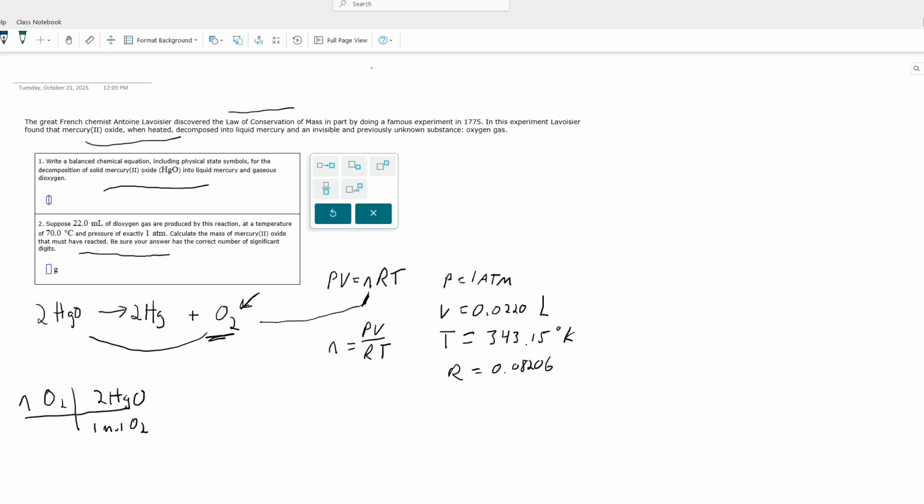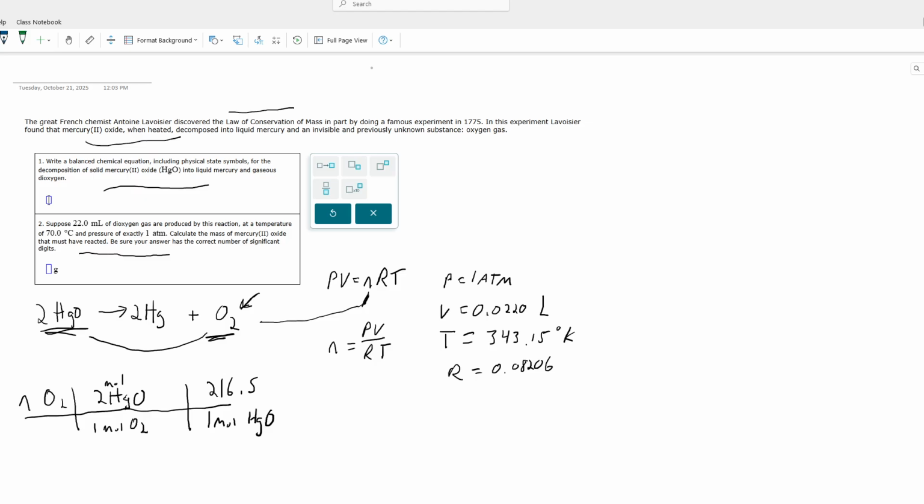I get that from this stoichiometry right here. And then finally, it wants the answer in grams. I can say for every 1 mole of HgO, I think it's 216.5 grams, something like that.